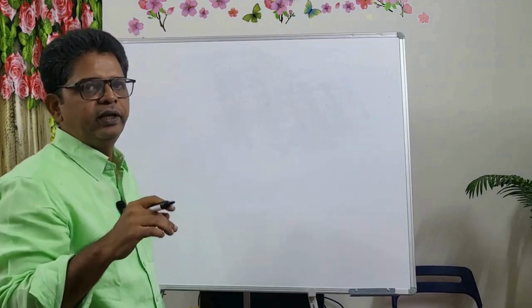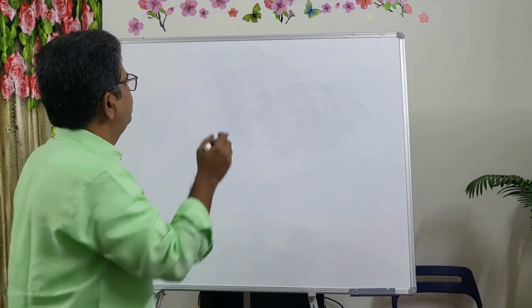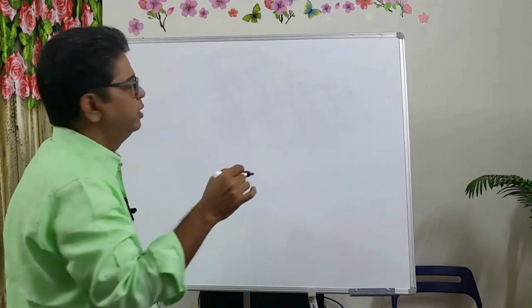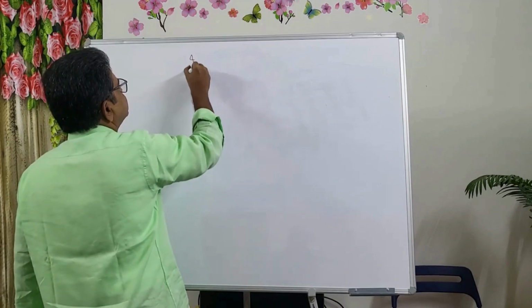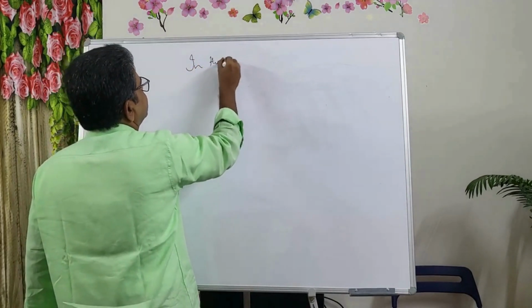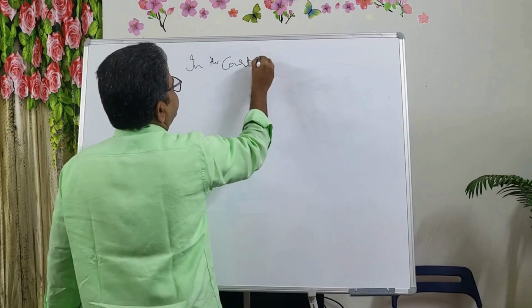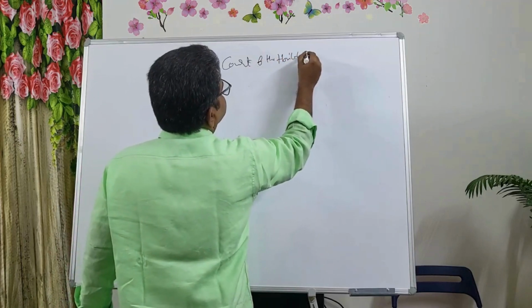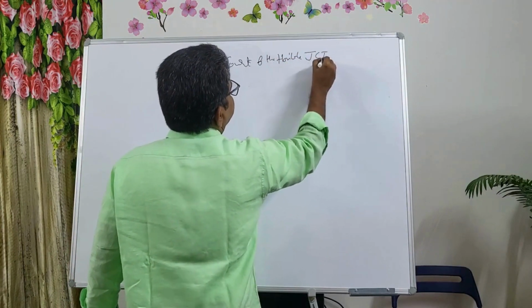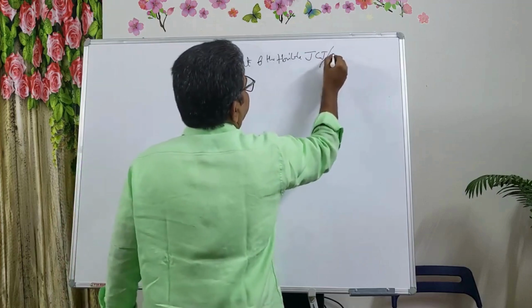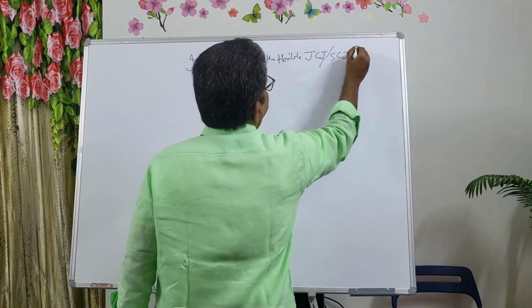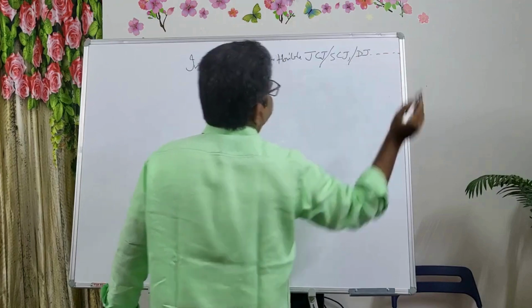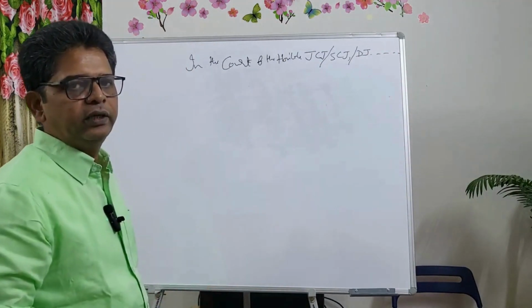Order 7, Rule 1 says that the plaint shall contain the following: name of the court, in the court of the Honorable Junior Civil Judge or Senior Civil Judge or District Judge, etc., and the name of the station.